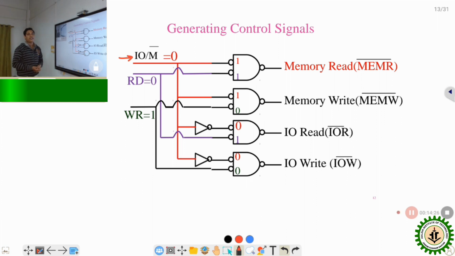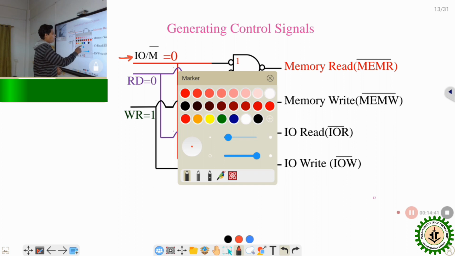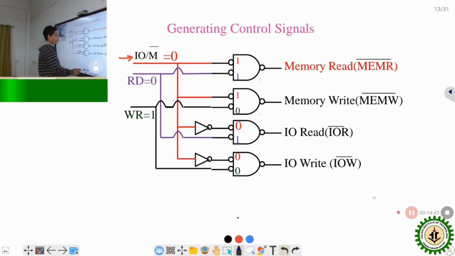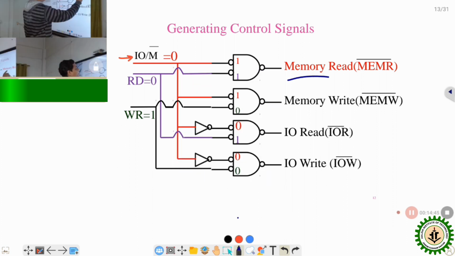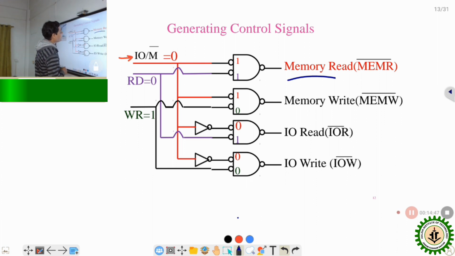Now, how memory read, memory write, and IO read, IO write are generated by combining these three signals is shown here. First, consider the memory read signal. This signal is enabled when the processor wants to read from the memory device.